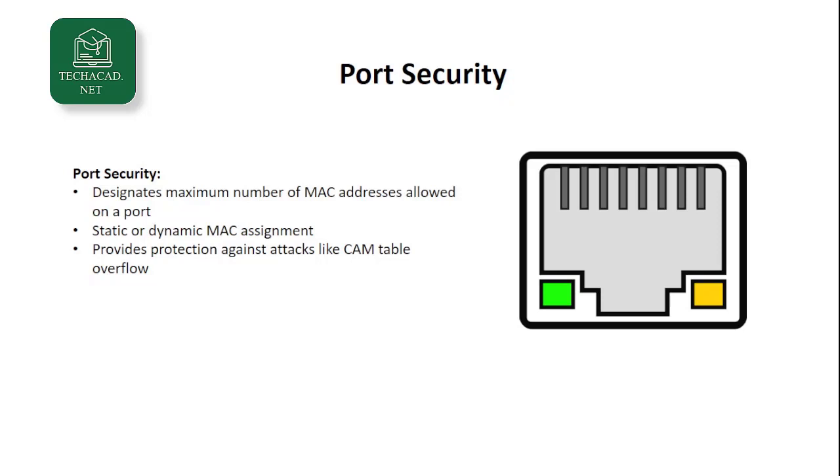This attack, CAM table overflow, happens if an attacker gets access to a device and connects it to the switch port and runs malicious software which generates fake MAC addresses and floods the switch with thousands of fake MAC addresses.